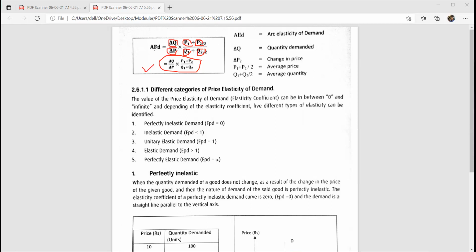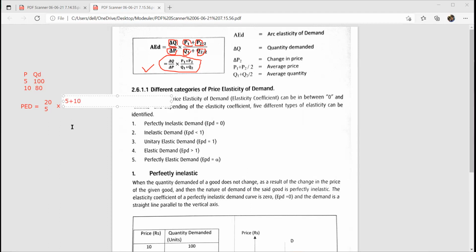When I use the previous table, price is 10, say price is 500, 10, 80. So the PED means change in quantity 20, change in price 5, multiplied by P1 plus P2. P1 means previous price 5.